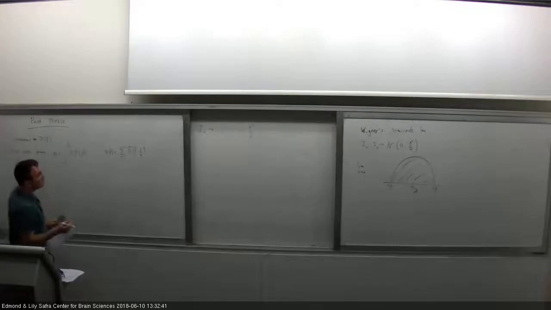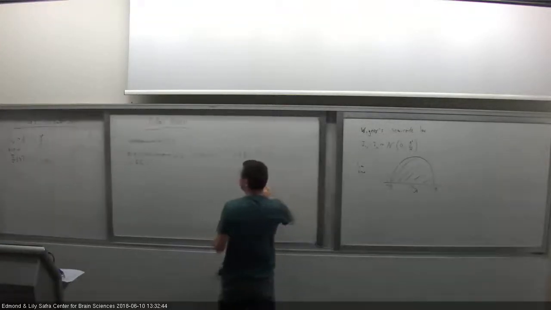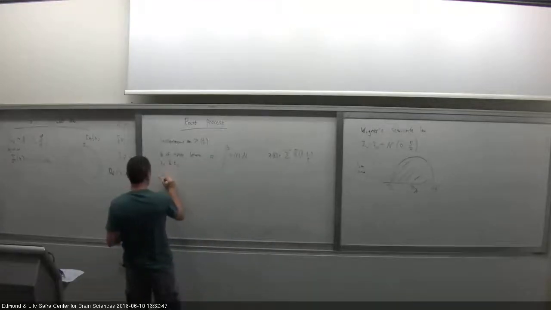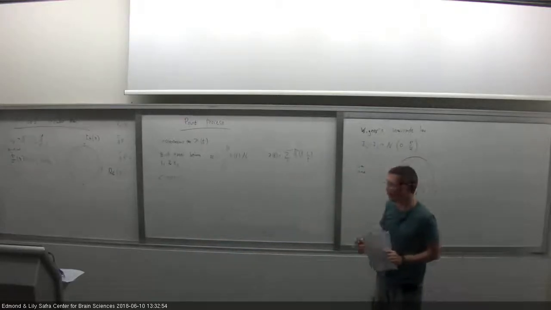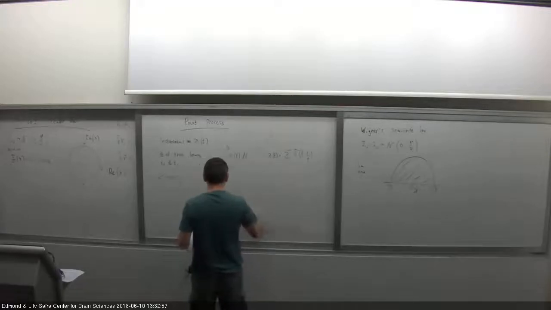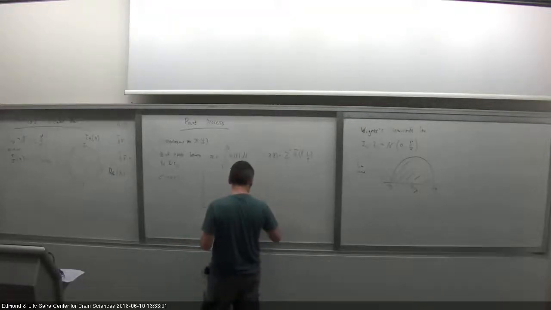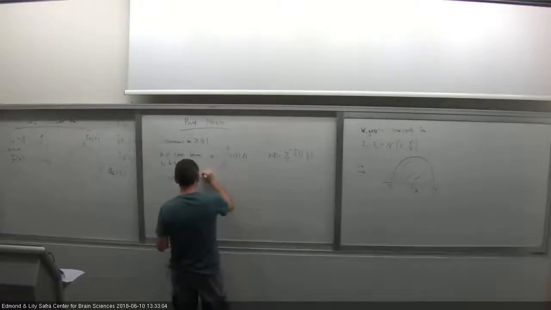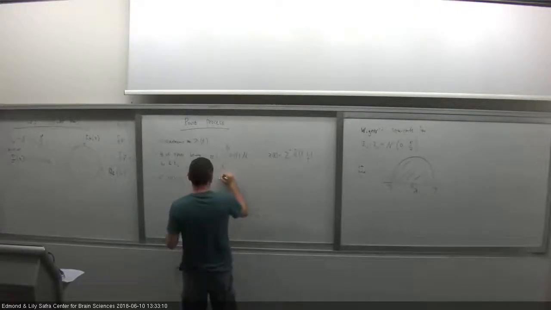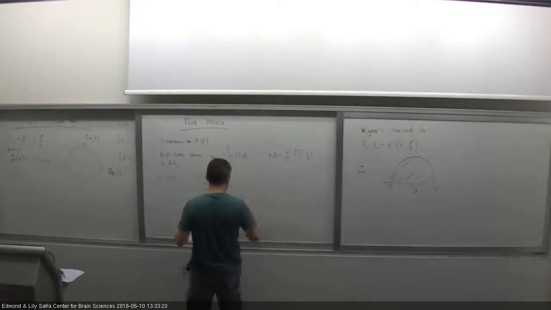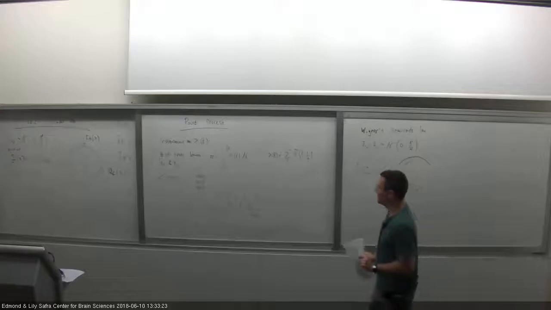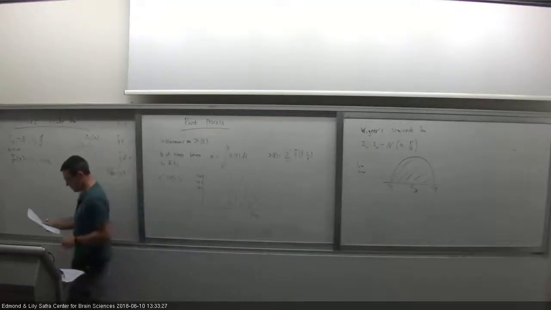So the way to think about the average of lambda is to think about, let's say that we repeat the same experiment again and again and again, and this is what we get in our experiment.